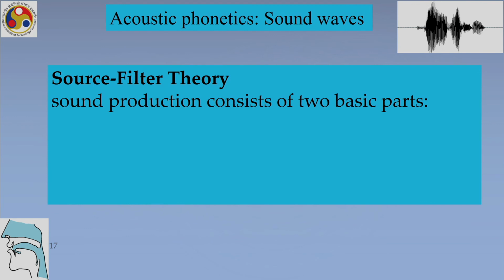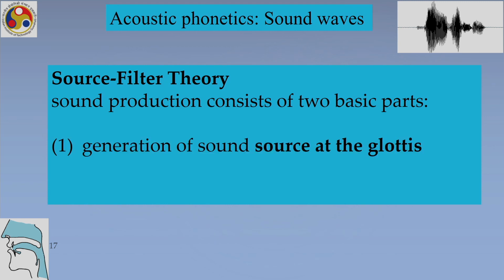I will come back to those different types of representation. I want to first talk about something which is considered very basic to the understanding of how we hear sounds. There is a particular theory which is called the source filter theory, which believes that sound production consists of two basic parts.